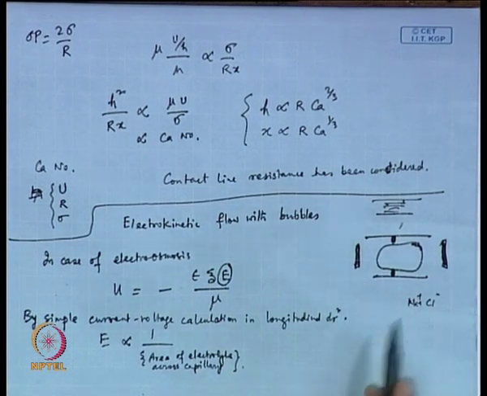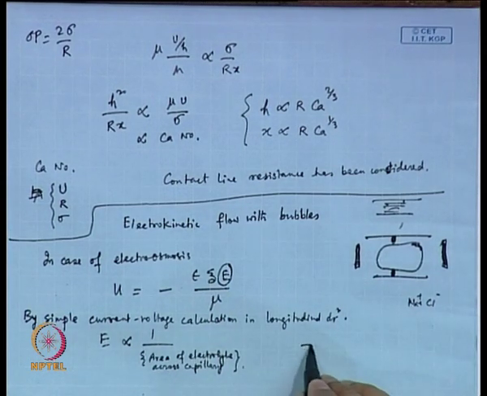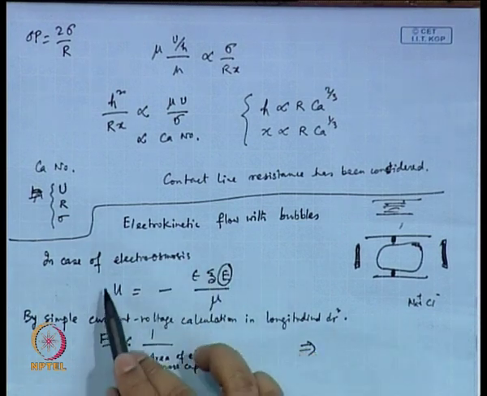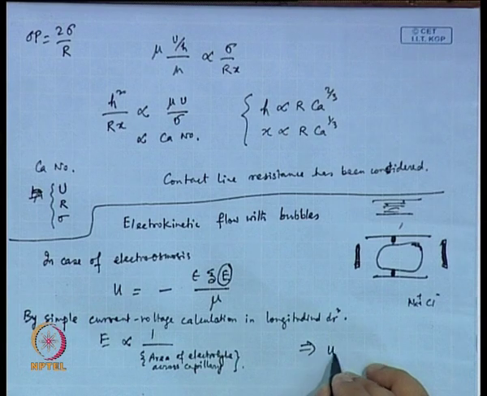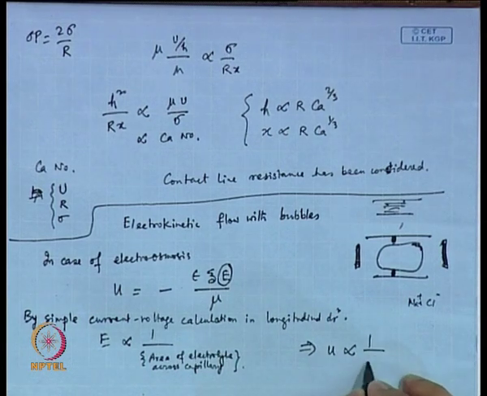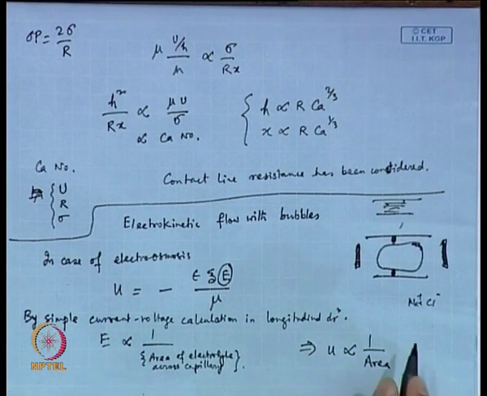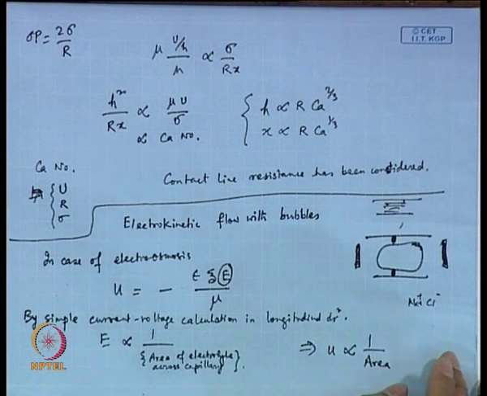So, what this implies is, if this is the expression for velocity, then u is proportional to 1 divided by this area. All right.